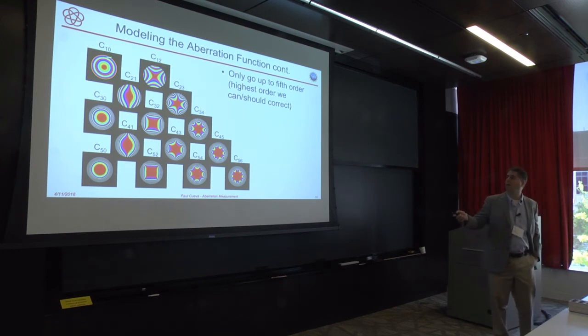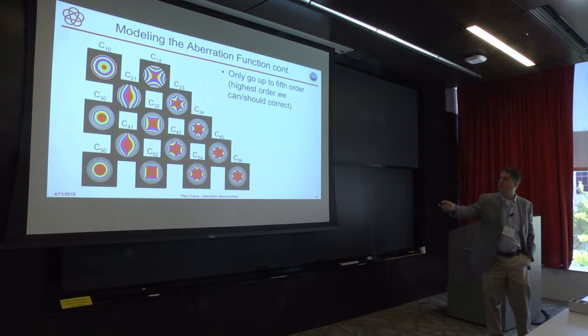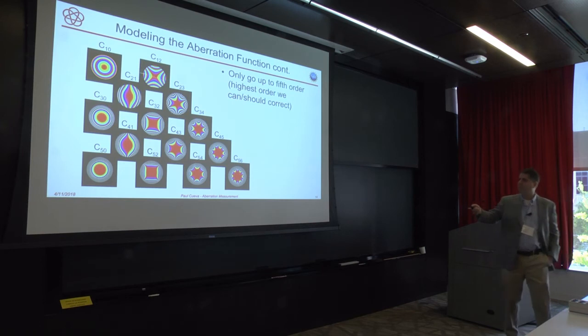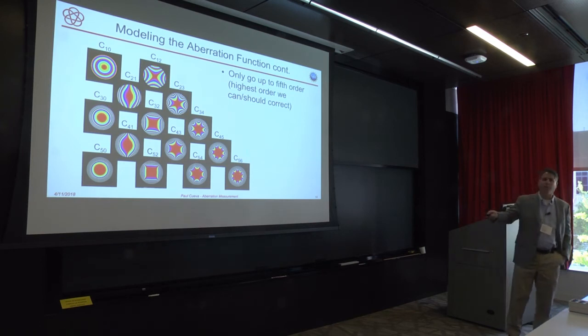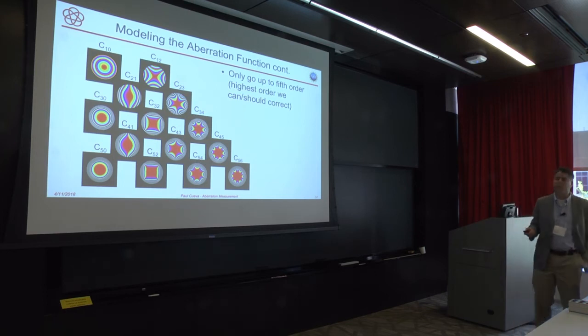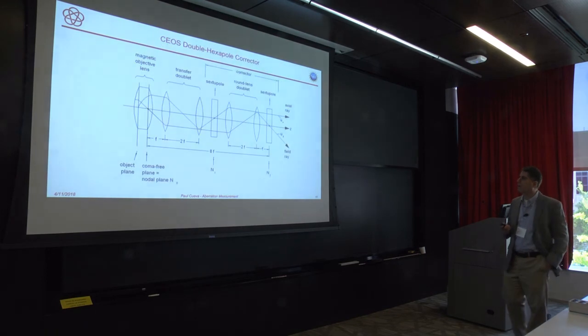So C10 would be defocus, C30 is spherical aberration. Each of these has names because people have suffered from them. These are our aberrations and our limiting aberrations. It's a huge expansion, and at some point you might as well do it on a computer. And that's in fact what happens.